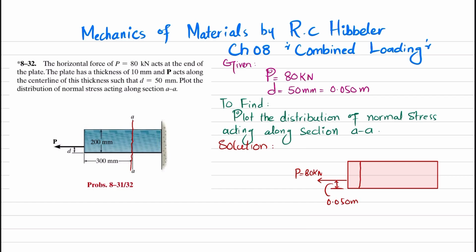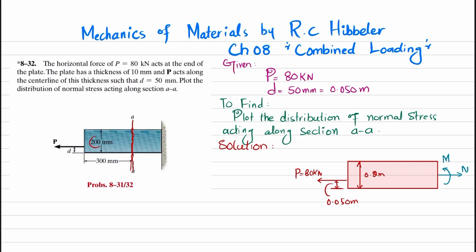The total height of this beam is equal to 200 millimeter, which is 0.2 meter. So when you cut the beam at section AA, you will have a centric axial load, represented as N, and you will have a moment M.